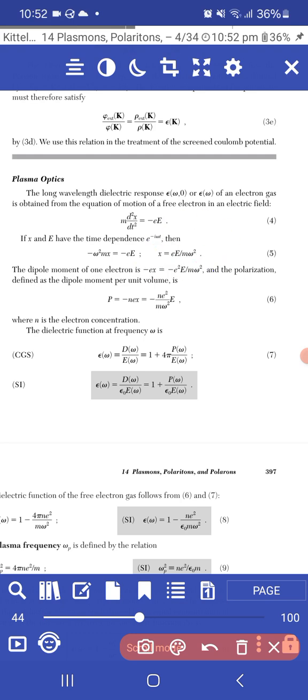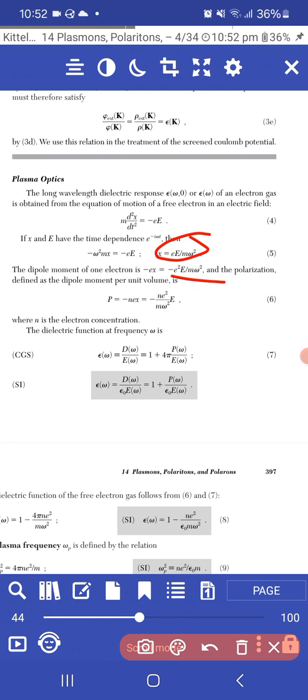The dipole moment of one electron is minus ex, which is equal to minus e into this, so minus e square E by m omega square.